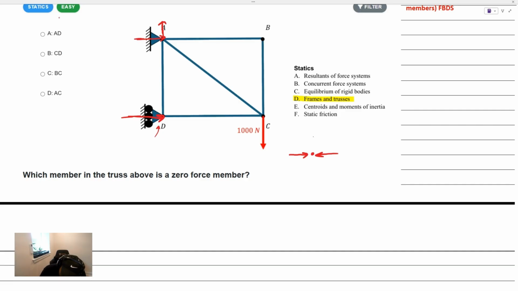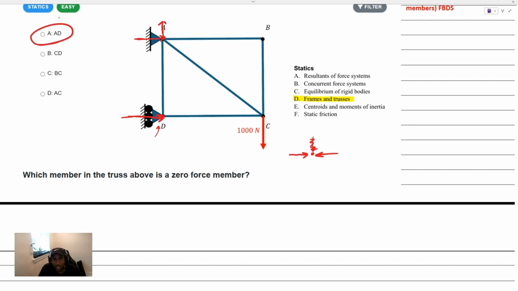If the sum of the forces in the y direction must be equal to zero, and there can only be that tension or compression in that member AD, that means that member AD must be equal to zero, right? There's no other force to counteract that tension or compression, so we know that the force in member AD must be the zero force member.